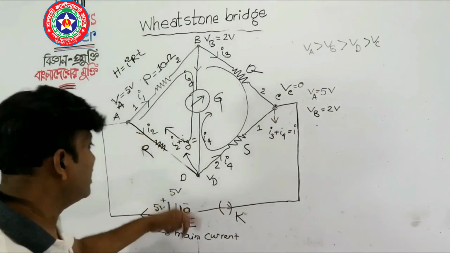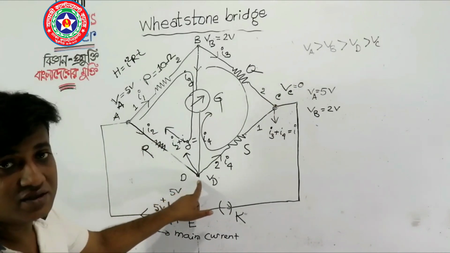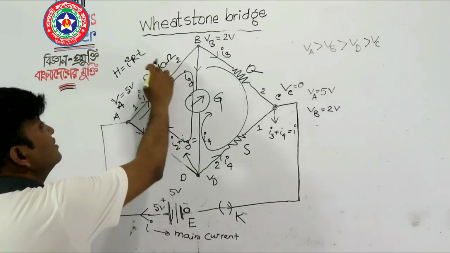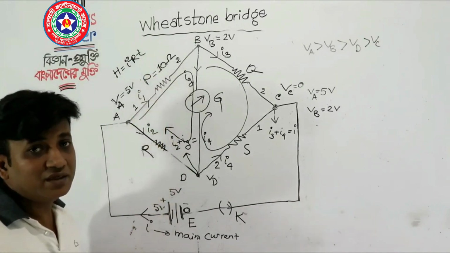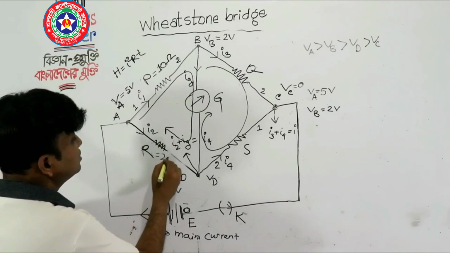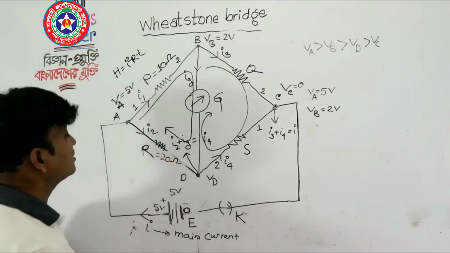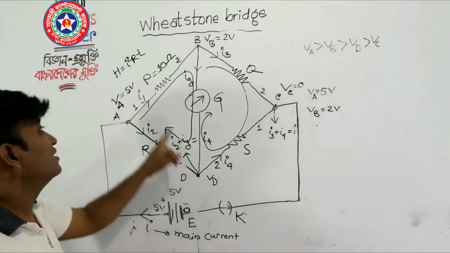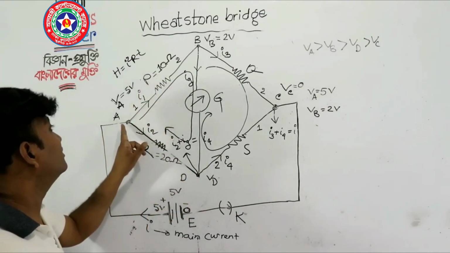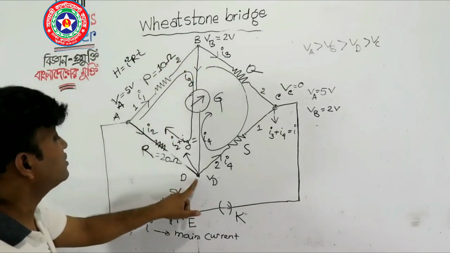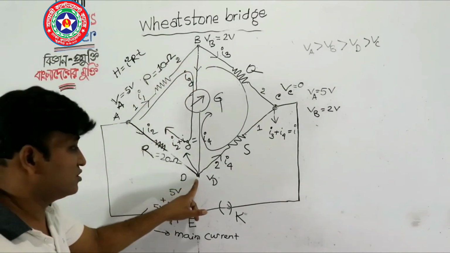Now at point D, if we use a resistance which is greater than the value of P, suppose it is 20 ohms, then the voltage drop will be greater than the path AB here. Suppose here the voltage drop is 4 volts.